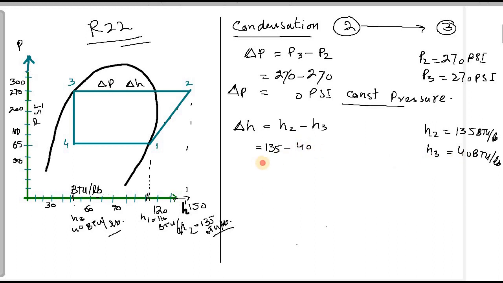So the result will be 95 BTU per pound, and this is the total enthalpy change during this condensation process, and this is the amount of heat which is rejected during the condensation process. This is our delta H. Now I will erase this.